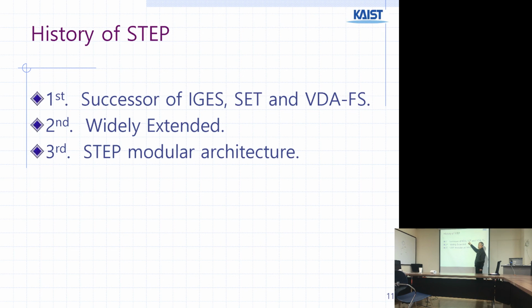This is from French, very similar to the German one and DXF. This was the starting point, AutoCAD. Then they tried to make this one, because it's commercial, they wanted to make a more neutral one. Neutral means independent from commercial. Right?